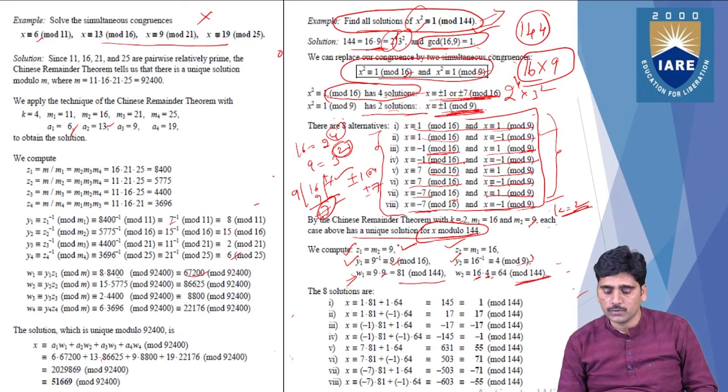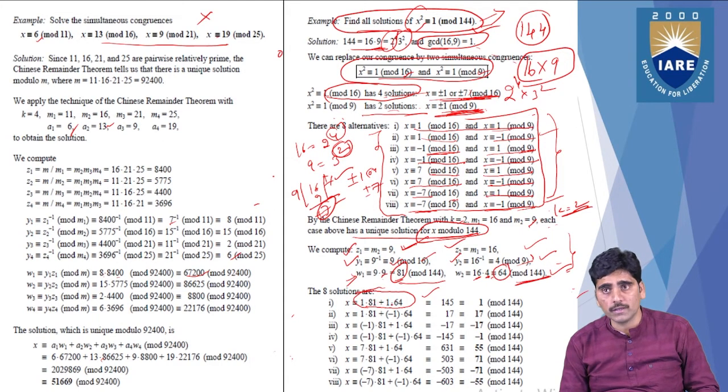So now we have computed z1, y1 and w1, and similarly z2, y2 and w2. We found all these z, y, w values, and we substitute into the solutions. So x equals plus or minus 1 into 81 plus 1 into 64. 1 into 81 is this value, and 1 into 64 is this value, right?